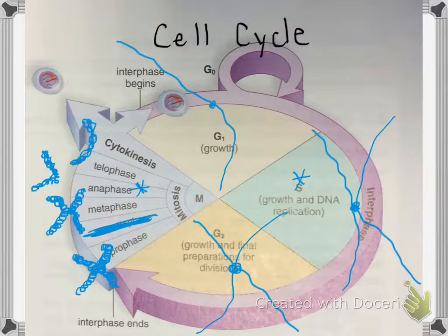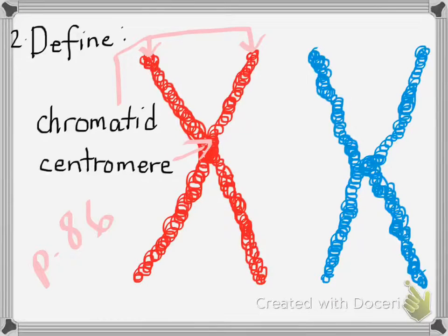Okay. First of all, I drew a simple drawing of a chromosome. Your book is way better than mine. But I did label chromatids and centromere, and those are the two parts I need you to know. In your own words, how would you describe a chromatid?